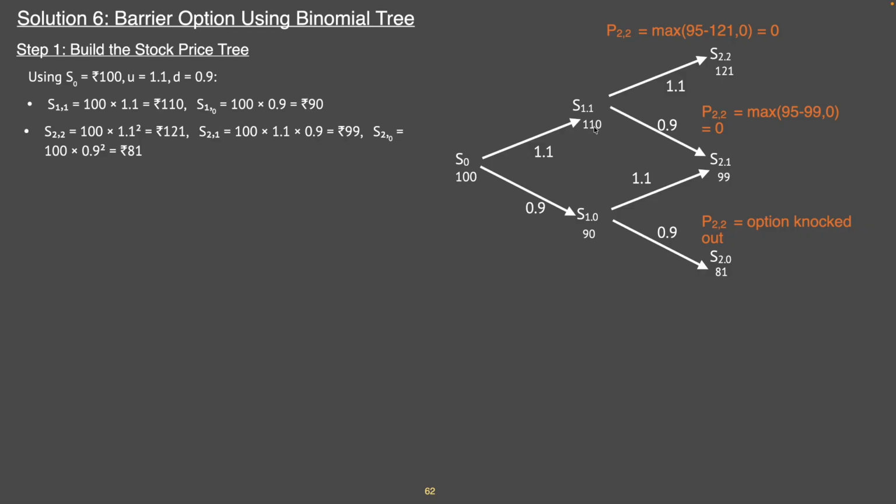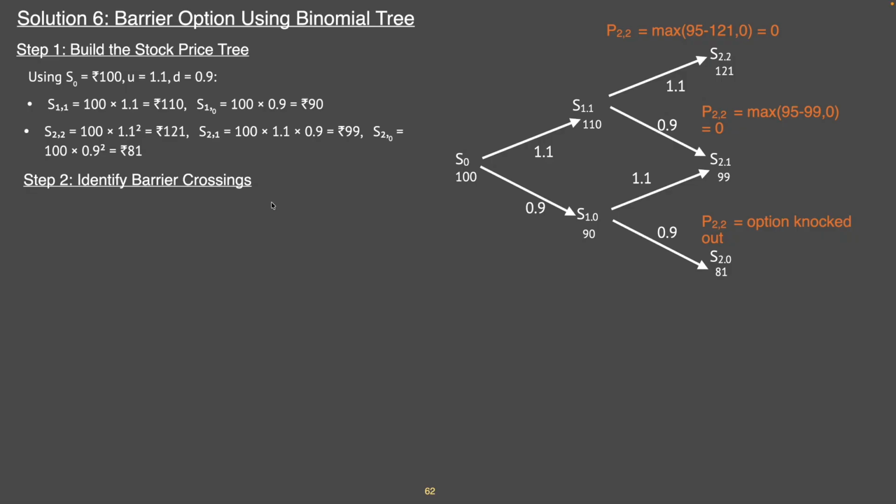For S22, you multiply 100 by 1.1 into 1.1, which becomes 121. For S21, you multiply 100 by 1.1 and 0.9, or 0.9 into 1.1, which gives the same answer, 99. For S20, you multiply 100 by 0.9 and again by 0.9 to get 81.